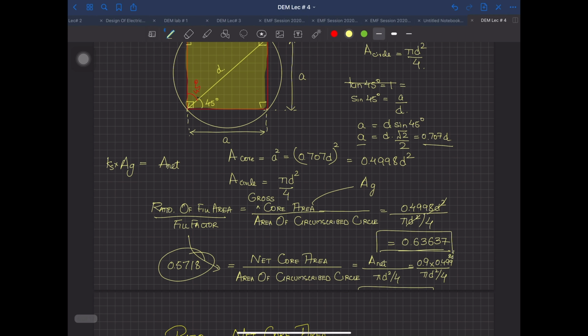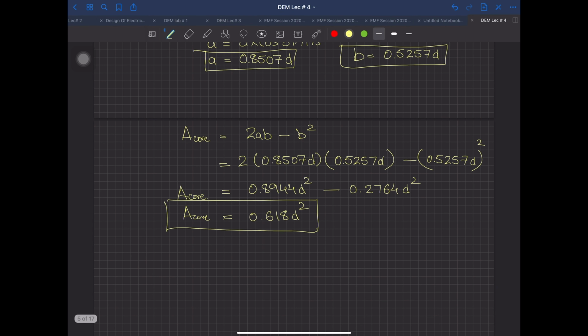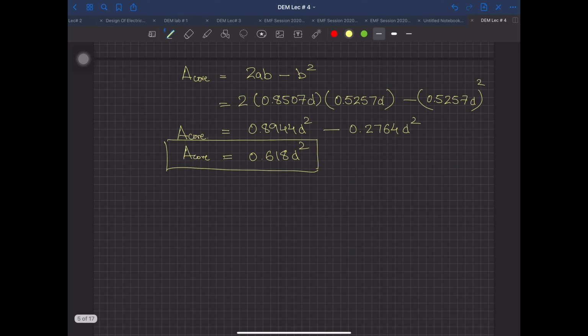It was 0.63637. ये गलत है भाई, ये भी मैं यहाँ से एरिया देख रहे हैं, area was equal to just 0.4998. So there has been an increase from that. So we have to find out now the factor. So the fill factor is going to be A core, which we are going to call as AG, divided by pi D square by 4. So you have to divide it by 0.6818 D square, by pi D square by 4.